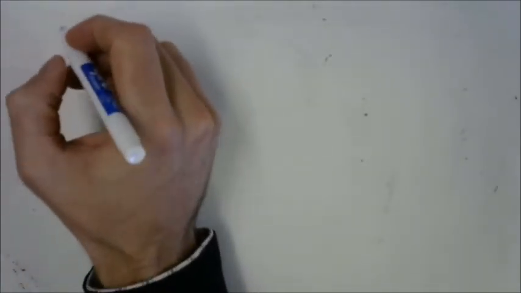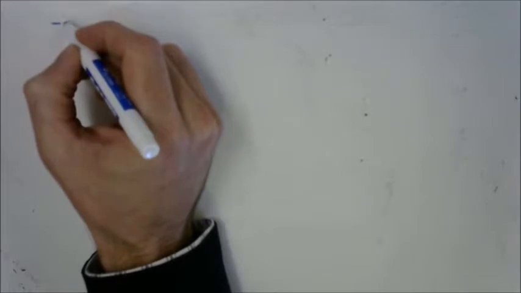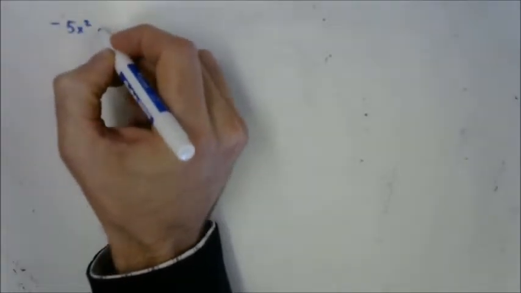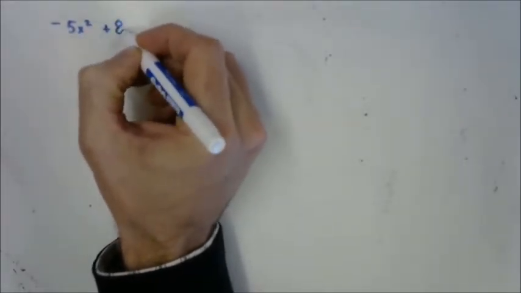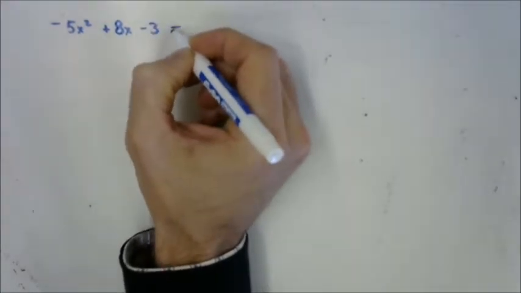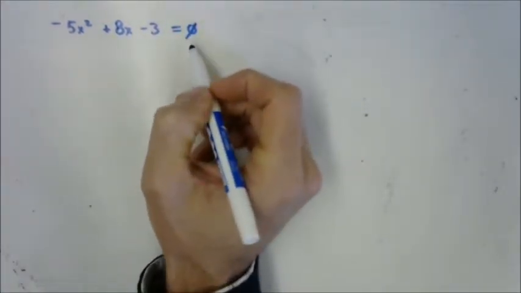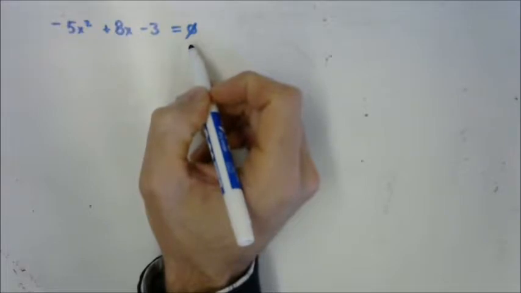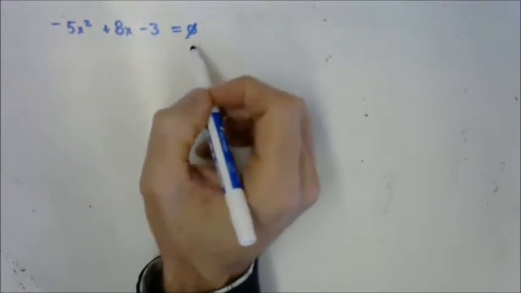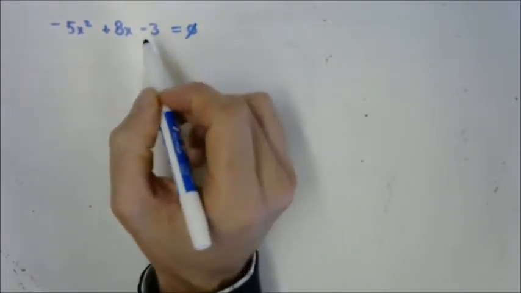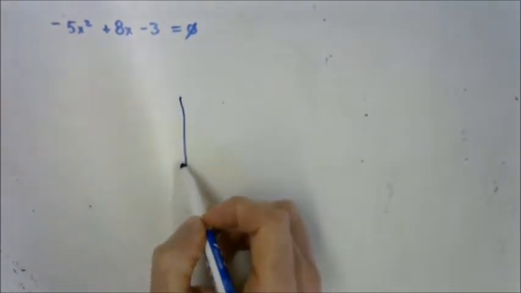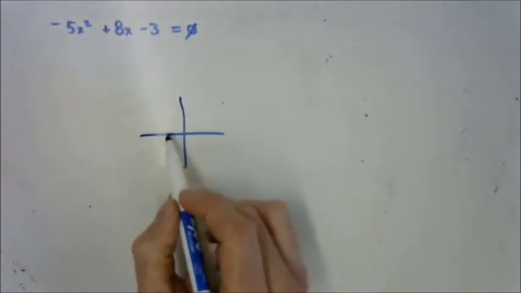So what we're going to be left with is negative 5x squared plus 8x minus 3 equals 0. I'm setting y equal to 0 because that's what I need to do to solve this. Solve means find the values of x when y equals 0, or find the x-intercepts. And we know the x-intercepts occur when y equals 0.